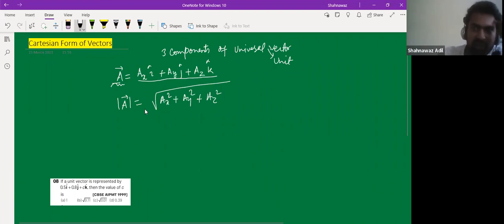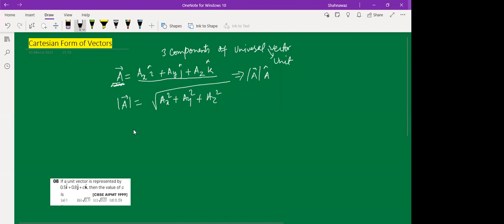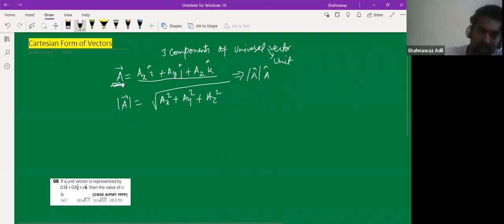Heather, what will be the direction of this vector? I can write this vector as magnitude and direction. So what will be the direction of this A vector?